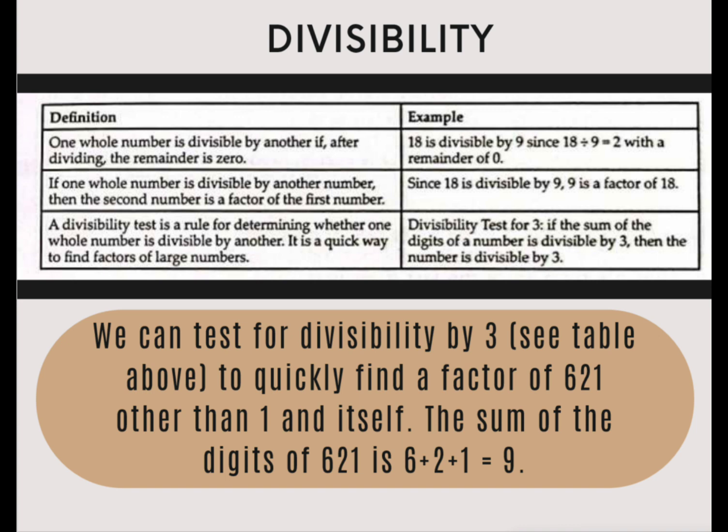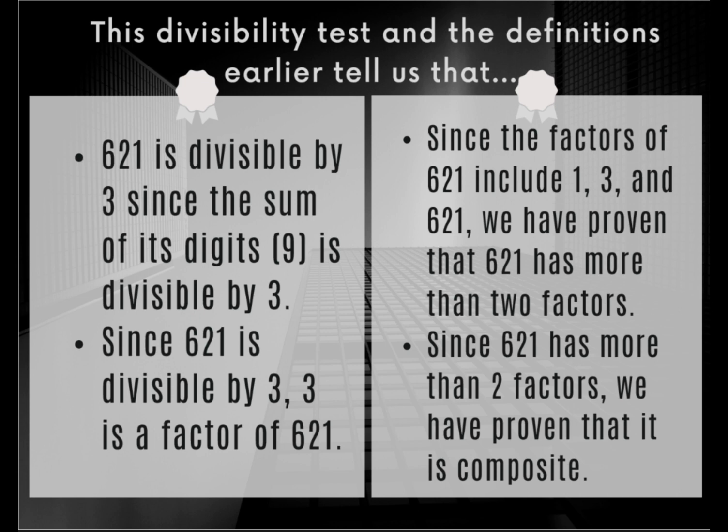Okay, so that means there is another factor of 621. That means 621 is not a prime number but instead a composite number. So 621 is divisible by 3 since the sum of its digits, 9, is divisible by 3. And since 621 is divisible by 3, 3 is a factor of 621.